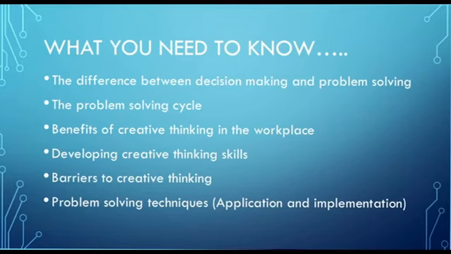You need to be able to explain how you will develop the different creative thinking skills. You need to explain the barriers to creative thinking, and you will need to be able to explain all the problem solving techniques. That's the application and implementation of each of the problem solving techniques, as well as the impact of each of the problem solving techniques.